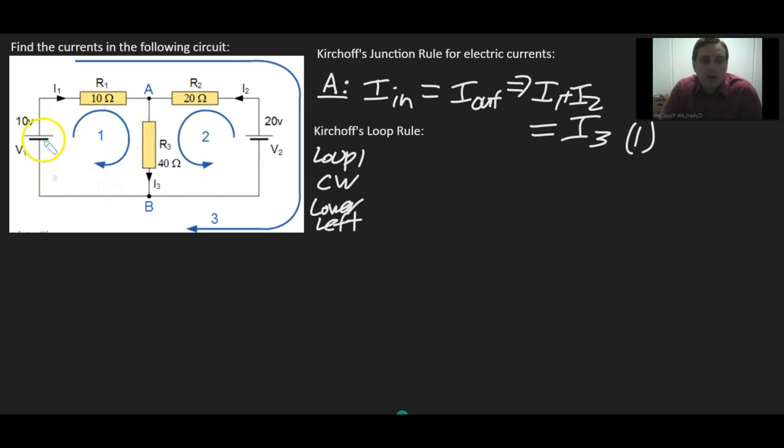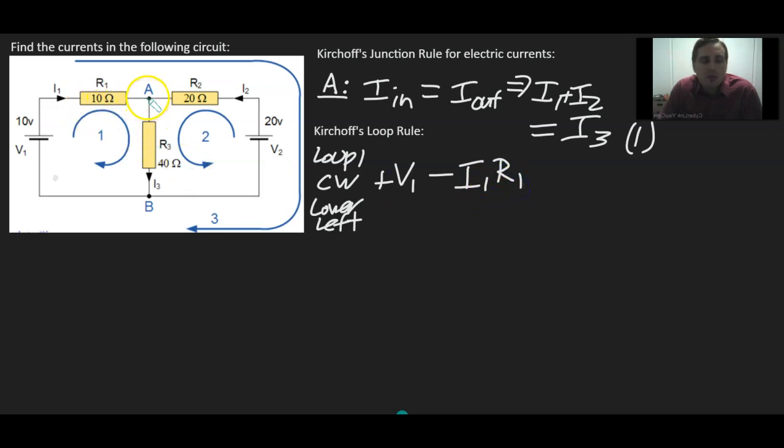Okay, so I think we go across voltage 1. We go from negative to positive terminals. That's plus V1. And then we are still on a piece of wire, and then we go across resistor 1. But we go the correct direction because we're going with the current. Should be minus I1 R1.